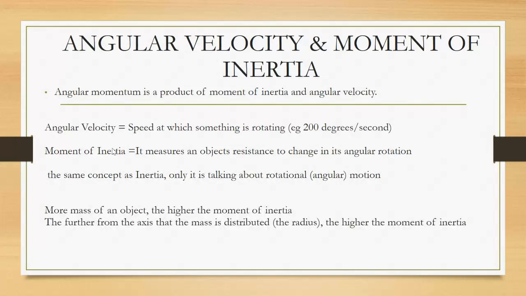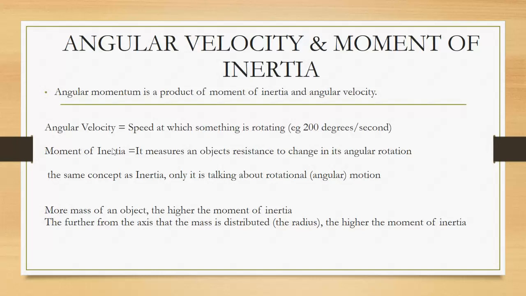We're going to look at some examples if you're still a little bit confused. But the further from an axis that the mass is distributed, the higher the amount of inertia. So the bigger the radius, now if you've done maths before, I'm sure you've heard of radius. When we talk about circumference and radius, the bigger the radius of a circle, then the outside tip of that circle is going to have a larger range of motion.